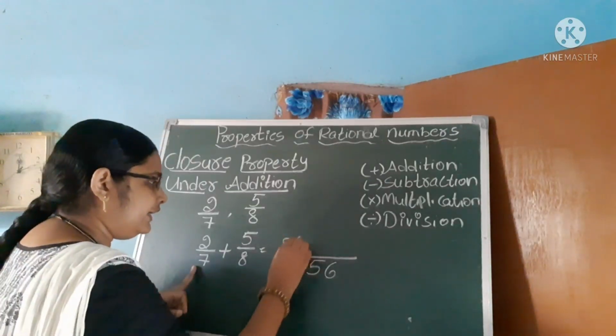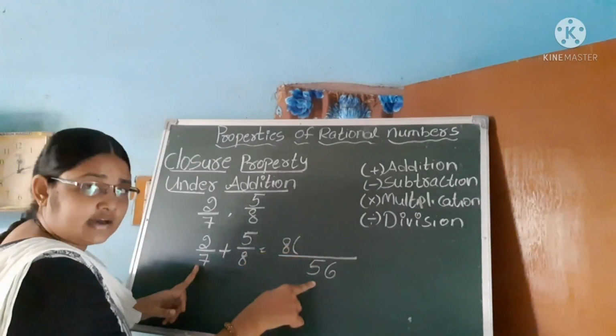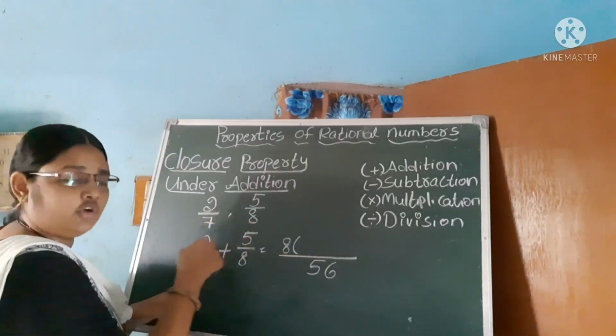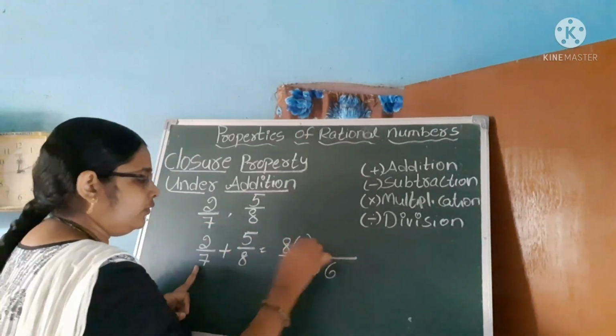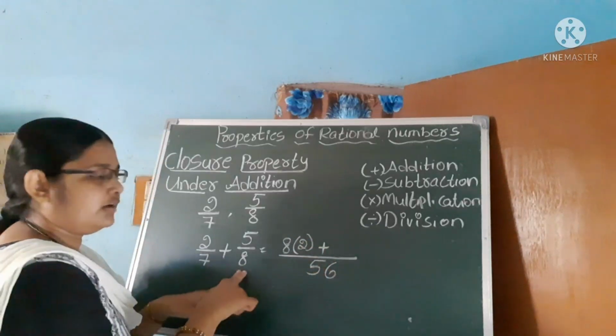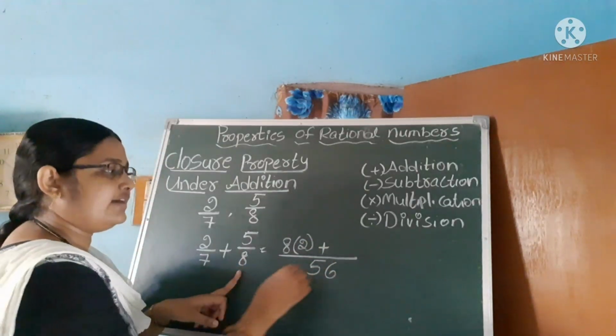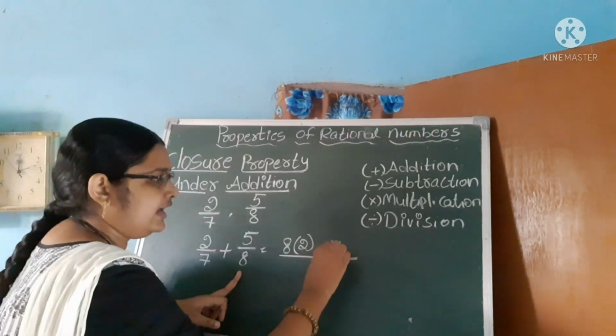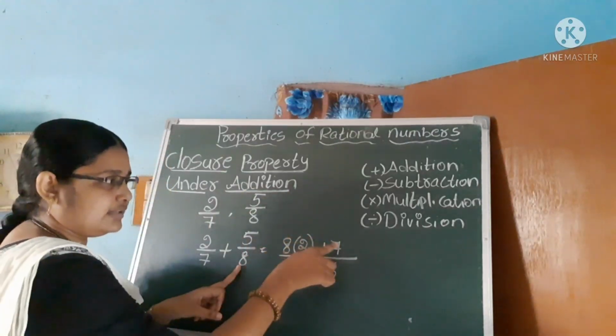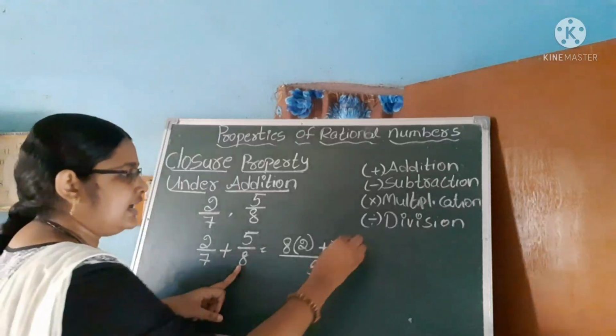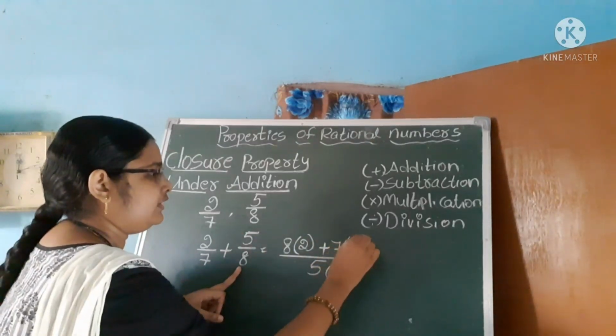So 8 into numerator 2, plus, 8 sevens are 56, and numerator 5.